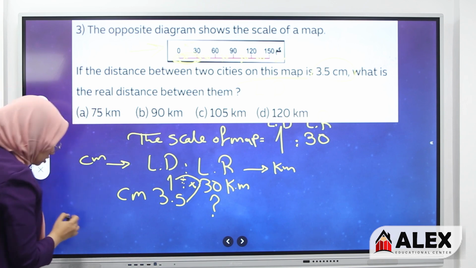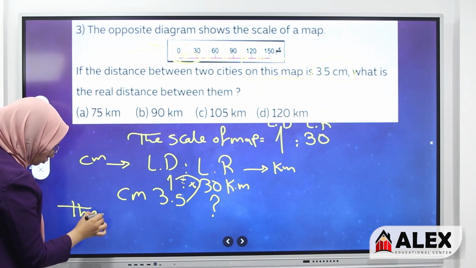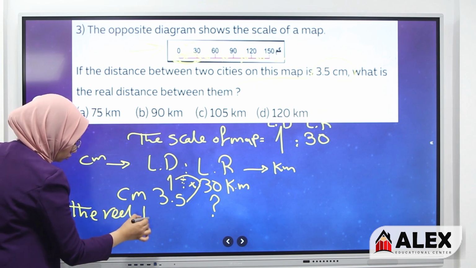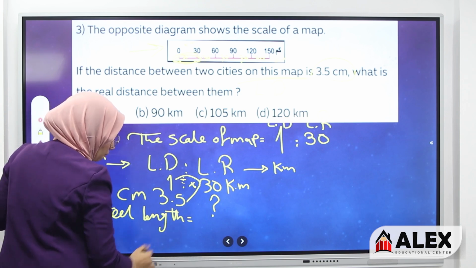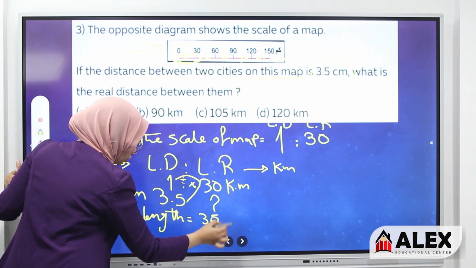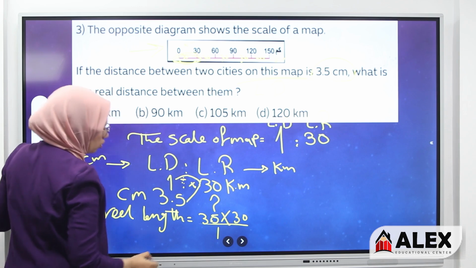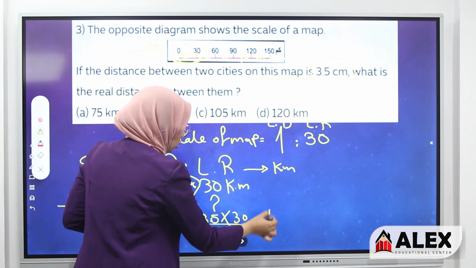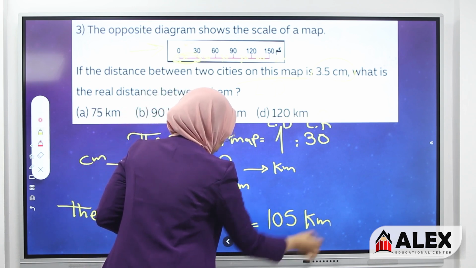The real length equals 3.5 times 30 divided by 1 equals 105 kilometers.